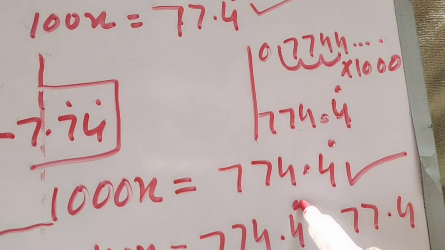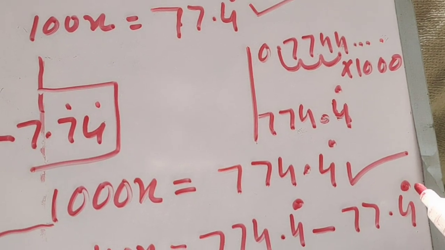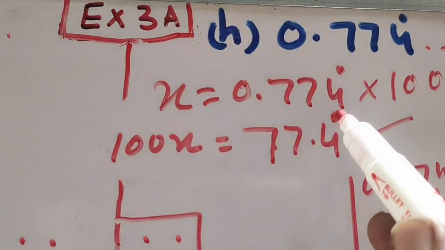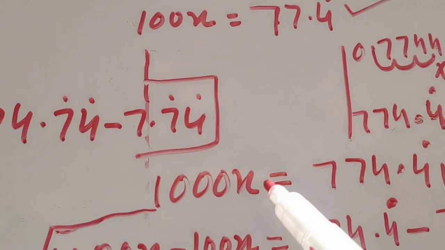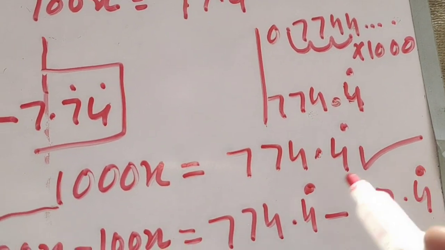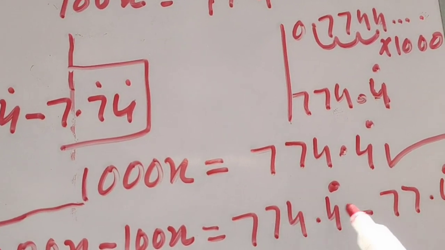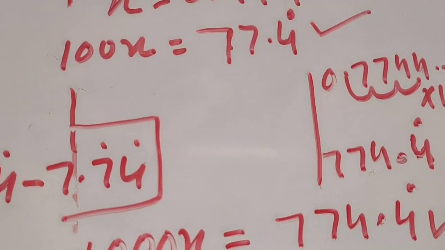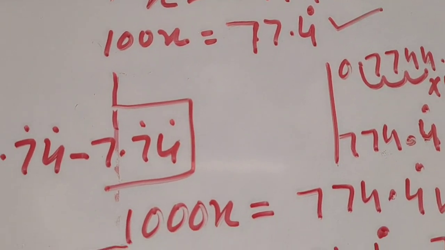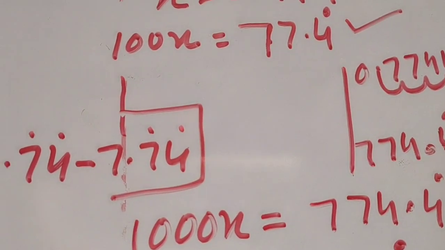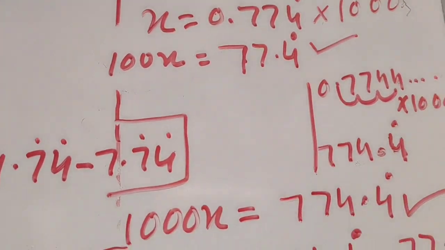We have to put the dots here, because here is a dot and here is also a dot. So 774 minus 77, the answer will be 697.